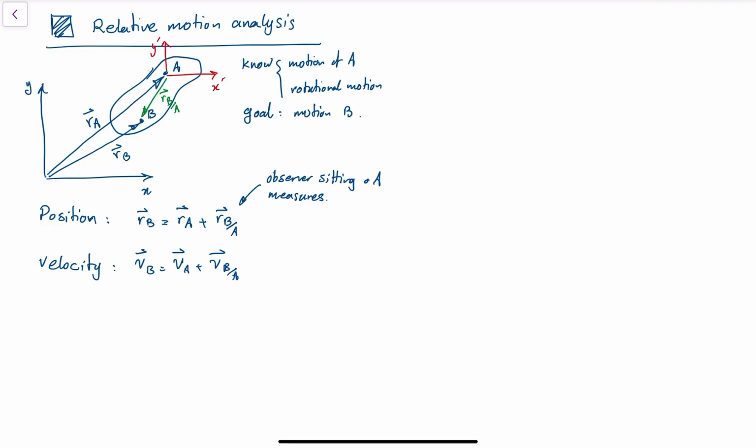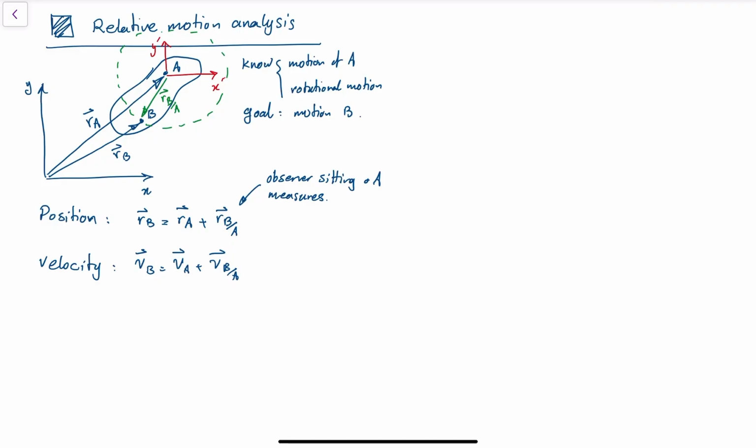And as the body moves around, notice what observer A sees. Because the distance is fixed, the only thing A can observe is that B is rotating about point A. This is what observer A sees.